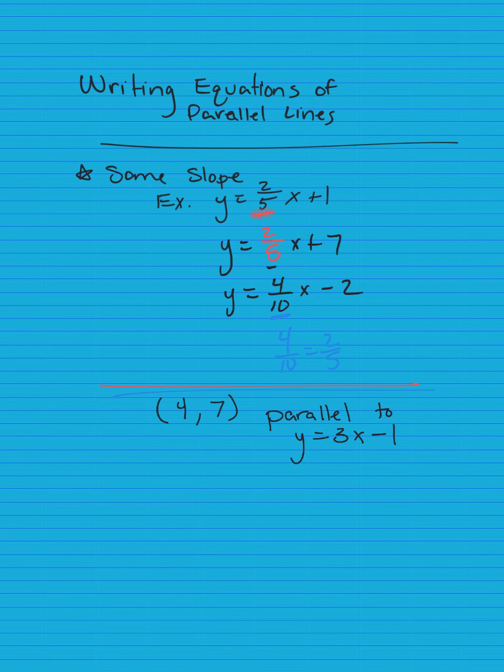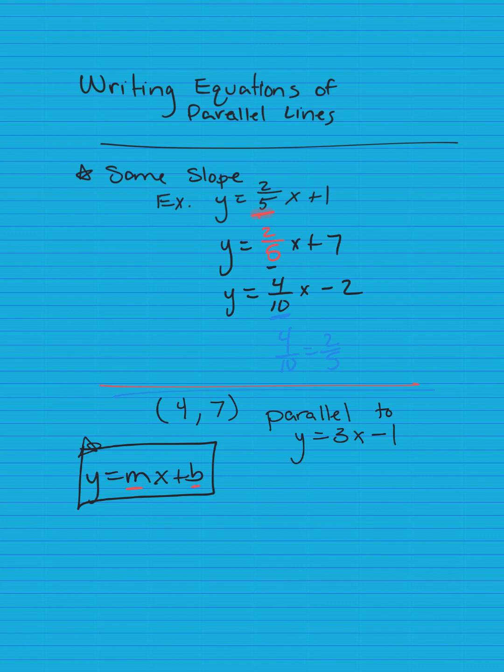So when we're going to write an equation, we are talking about writing an equation in slope-intercept form, y equals mx plus b. This is the form that we're trying to get our final answer into. To do that, I need to know my slope and my y-intercept.